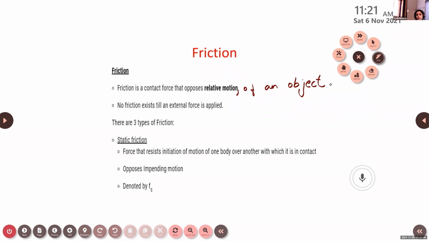It opposes the relative motion of an object. That is, if the object moves on the surface of another object, there will be a force of opposition. That force of opposition is known as frictional force.